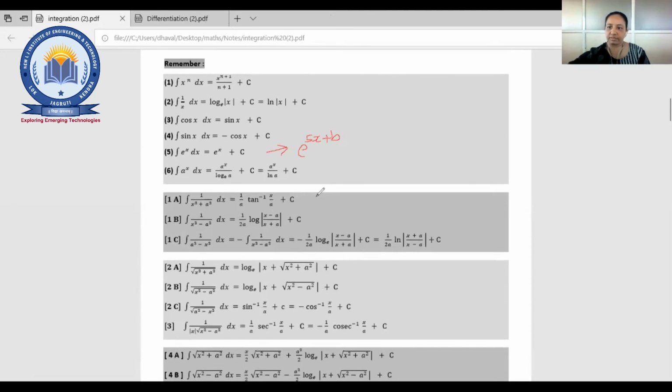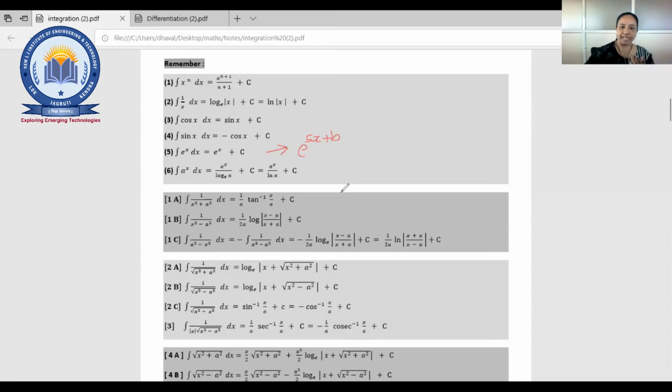Yeah, Dev. E raised to 5x plus b upon 5. Obviously, because instead of a constant there will be a 5, which is a constant. So in that way you have to apply directly the chain rule, as you do in differentiation. Same will be applied here also.